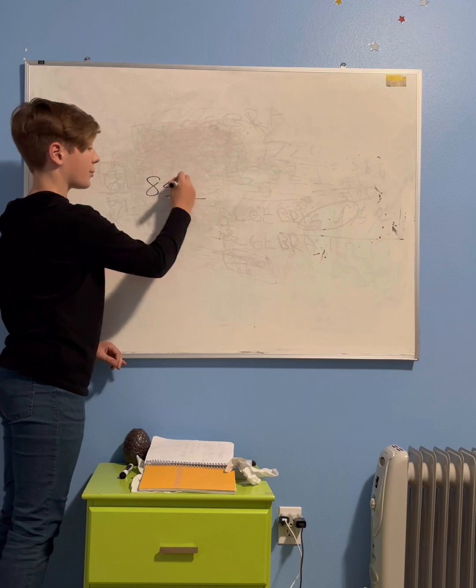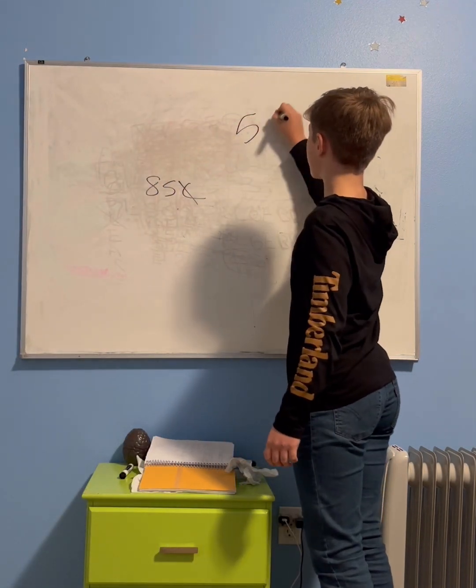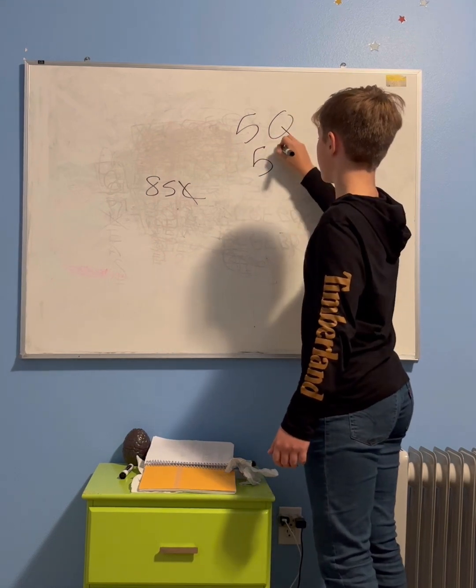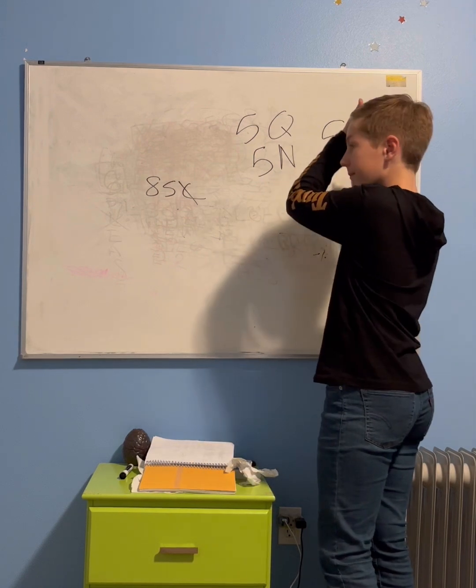Now, this is a long problem, so let's take some time to process. We're going to have 5 quarters. I'll put that as a Q for short, and 5 nickels. And we want to get to 85 cents after 5 fall out.